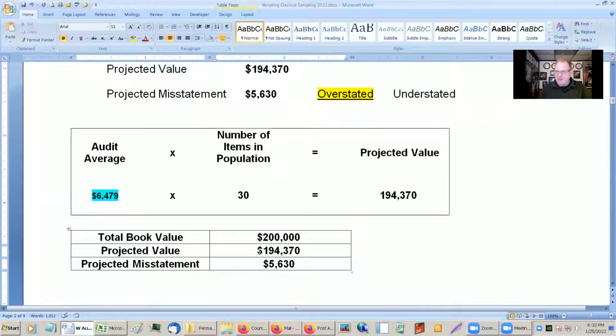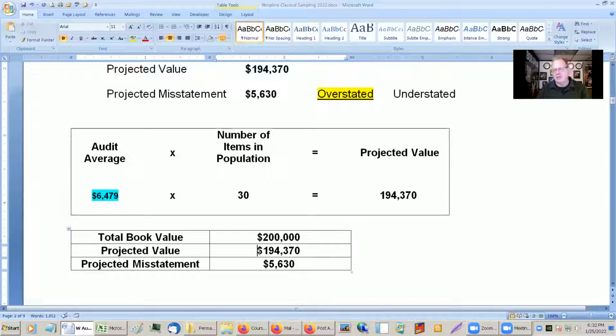Now, the question is, is that material or not? It really depends on the auditor; it's a judgment call. One of the things about the CPA exam is that they generally don't ask you to make a judgment unless it's something ridiculously obvious.